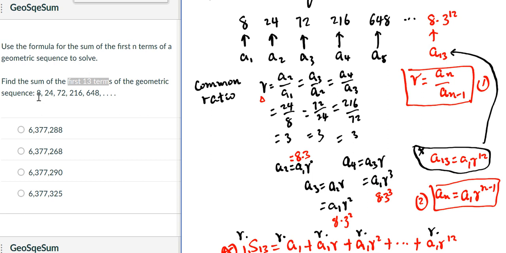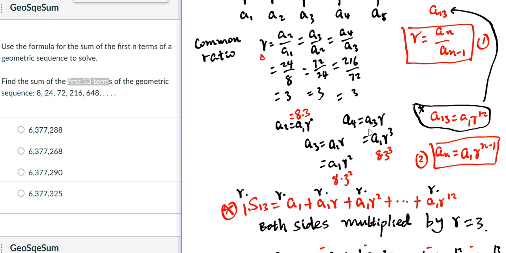Since this sequence is so nice, we want to develop a formula to find out the sum of the first 13 terms. It shouldn't be that hard, okay? Because this series is so nice. Let's find out the formula, and then we can use this formula forever.